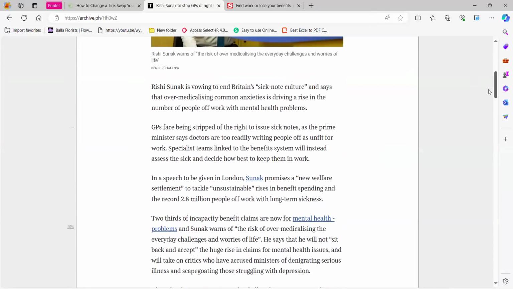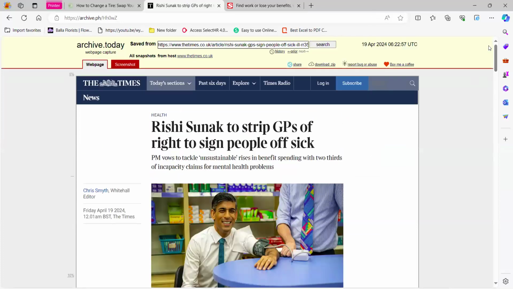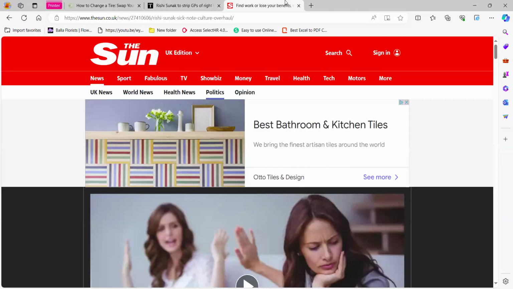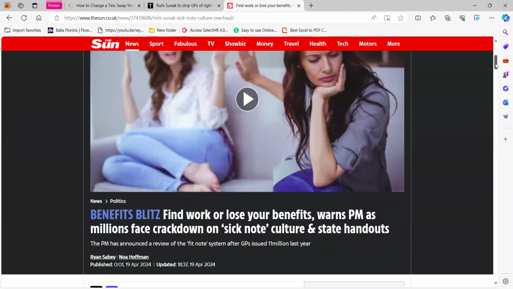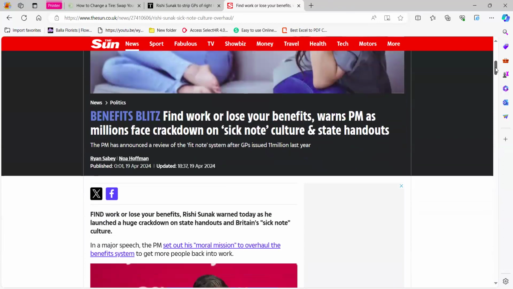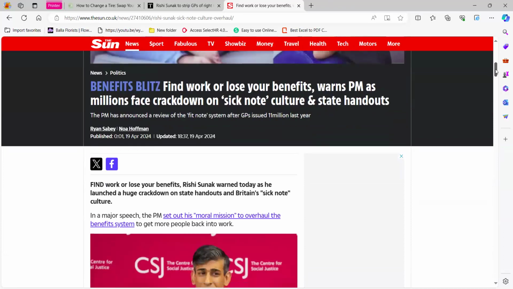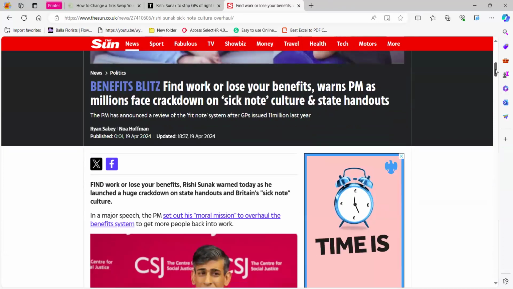There's a lot more text here in the serious article. They're all slightly different parts of this story about sick pay that's been in the news the last couple of days.